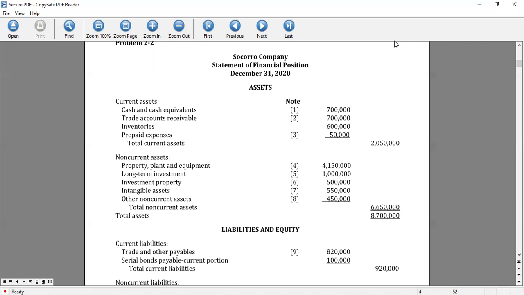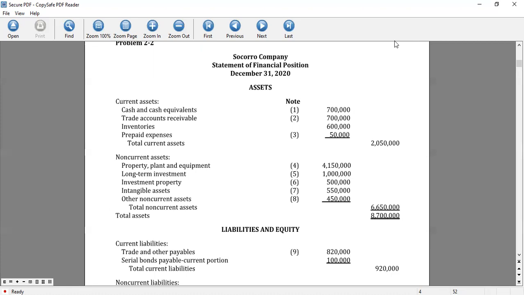It's not proper to include it among the current assets. So we have now the total current assets of 2,050,000. The prepaid expenses is the amount of the store supplies amounting to 50,000.